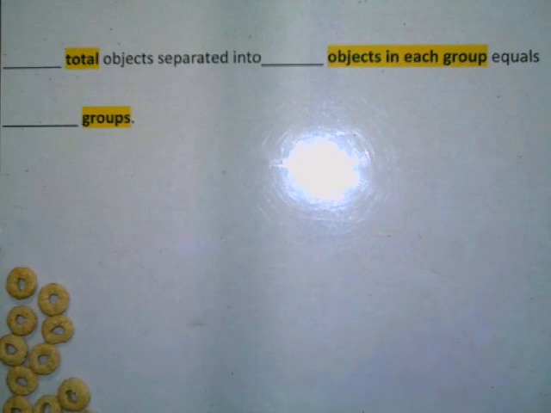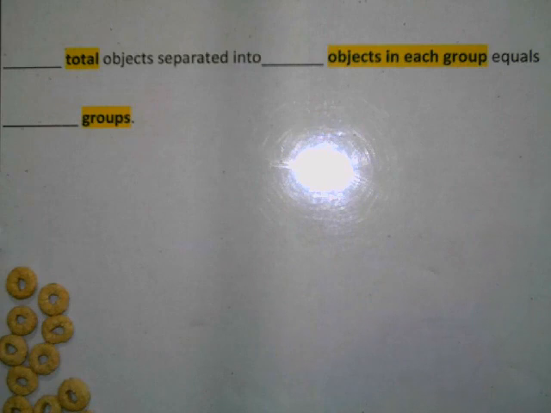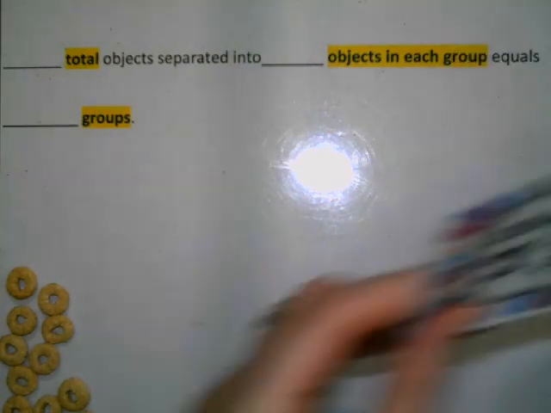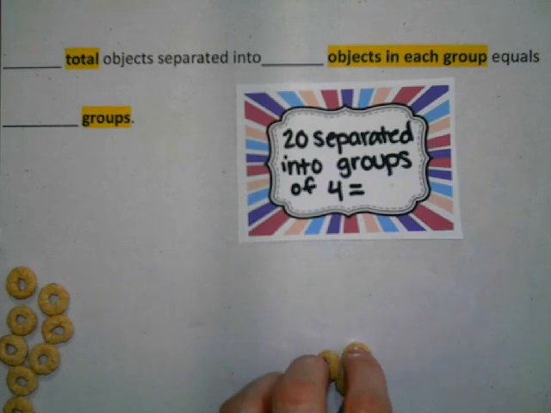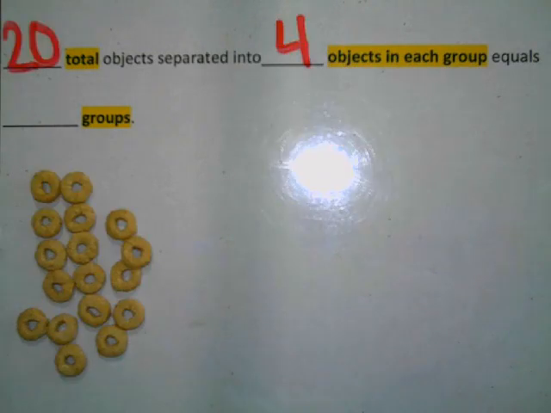Okay, so the last one we are going to solve is separated into groups of 4. Now, please press pause, and I want you to solve this completely on your own. Set up your sentence stem, draw your picture, use your counters, and come back and let me know.